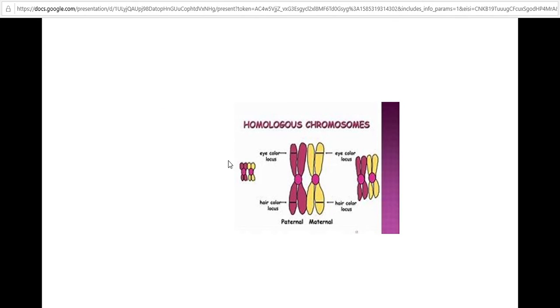So going back, if this person was heterozygous for eye color, with a gene for blue eye and a gene for brown eye, phenotypically they would be blue-eyed, but genotypically they would be heterozygous, meaning they would have two different genes for the same trait.